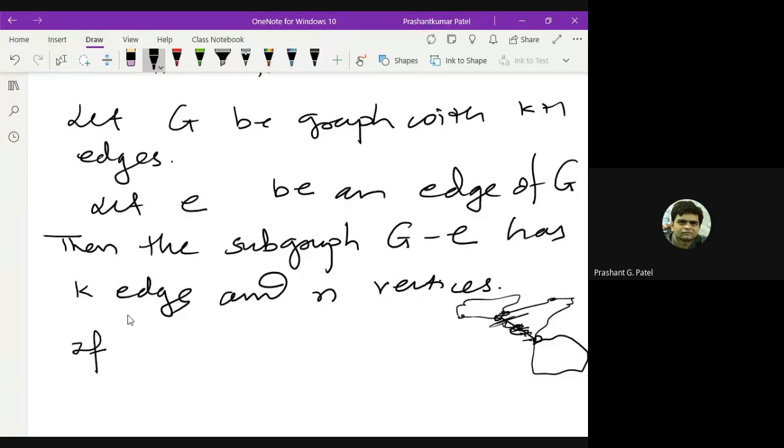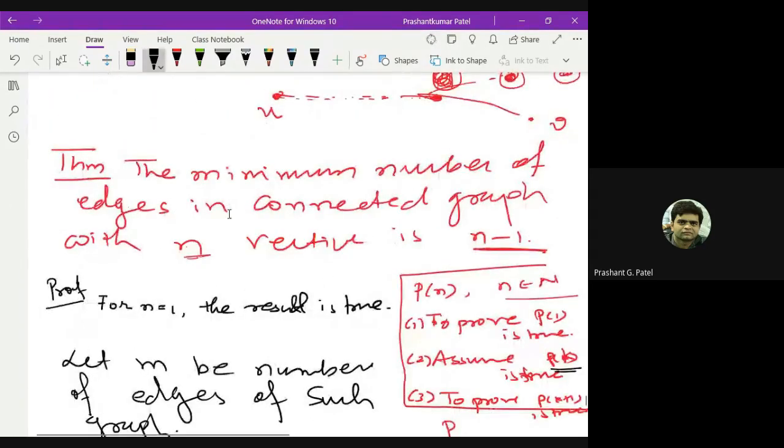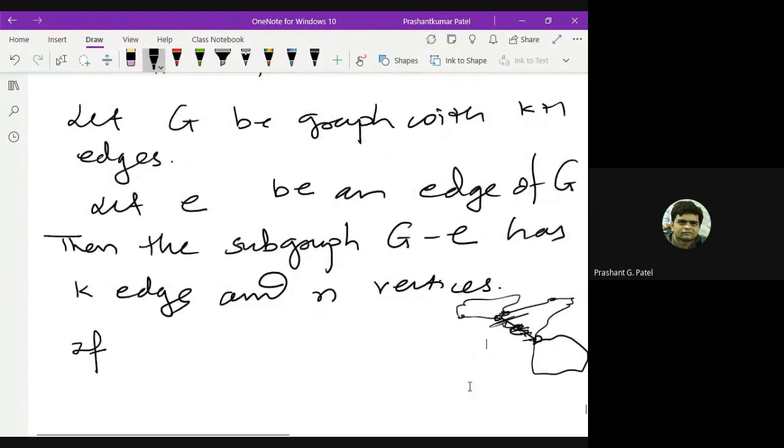So if the graph is connected, then by our hypothesis the result is true, because the hypothesis is saying that the minimum number of edges of a connected graph with n vertices is n minus 1. So it has n vertices now, so it has a minimum of n minus 1 edges.